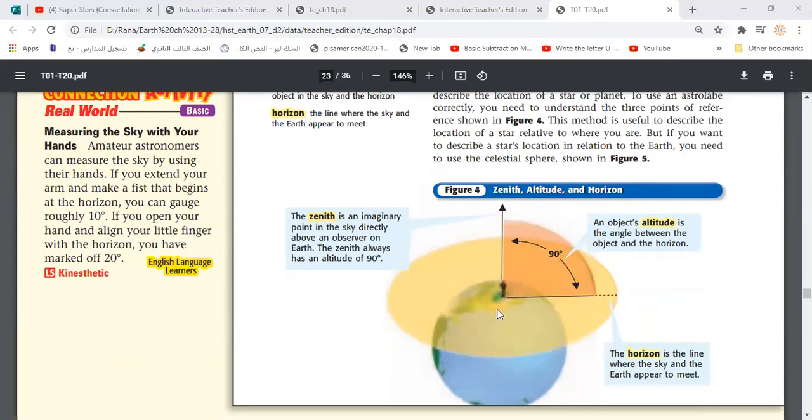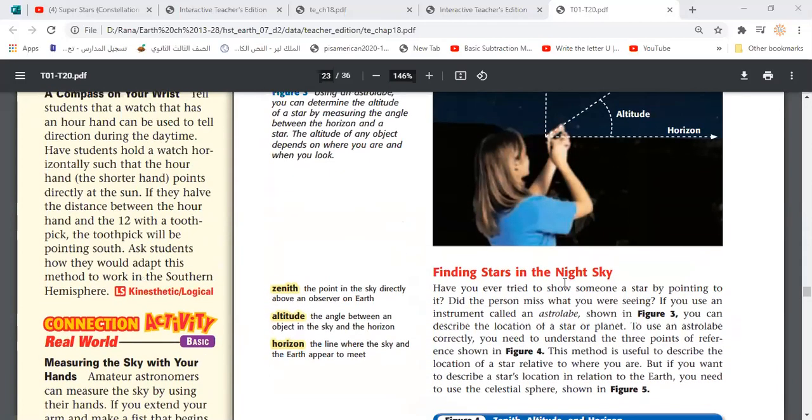So you can say you find the star at 45 degrees using the astrolabe, or a star located at 60 degrees or so. Like this, it is easier to push your friend to look exactly toward the star, and easier to locate the star.